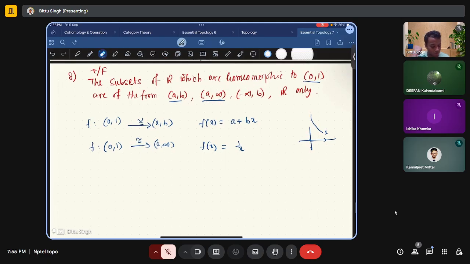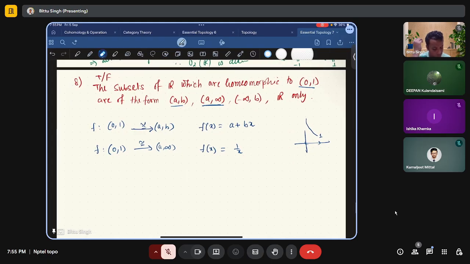But we demand it should start from a. So shift it by a minus 1.